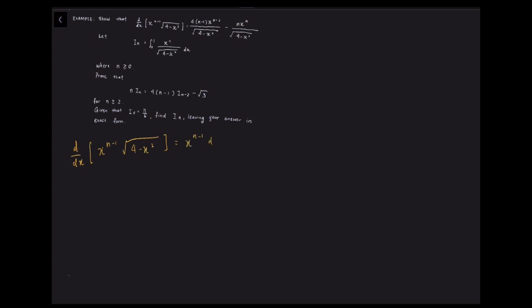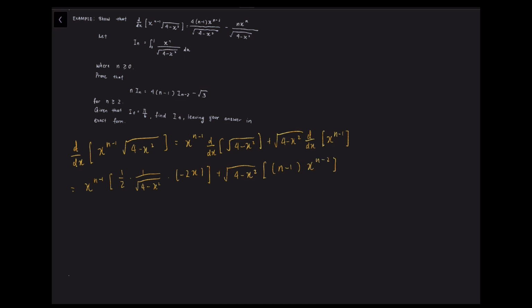We have x^(n-1) d/dx of square root 4 minus x squared plus square root 4 minus x squared d/dx of x^(n-1), which then simplifies to x^(n-1) times 1/2 times 1 over 4 minus x squared times negative 2x plus square root 4 minus x squared times (n-1) times x^(n-2).